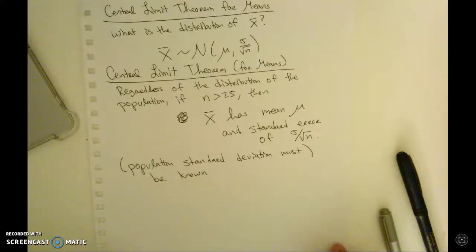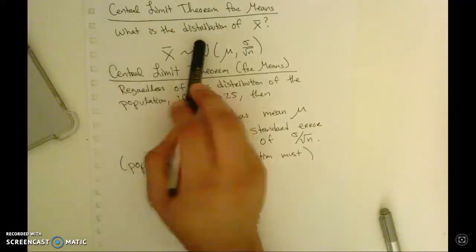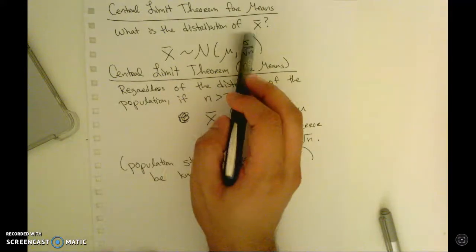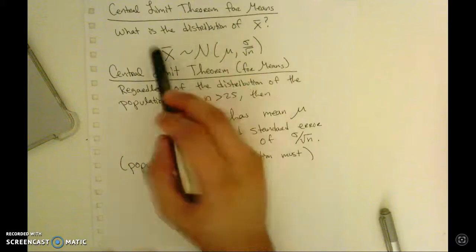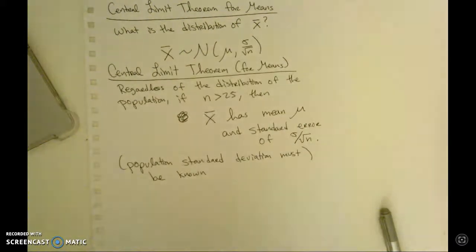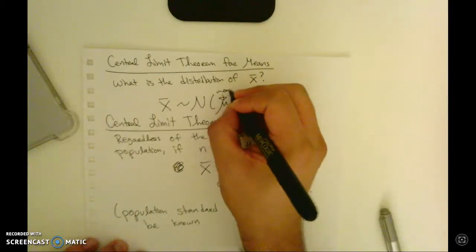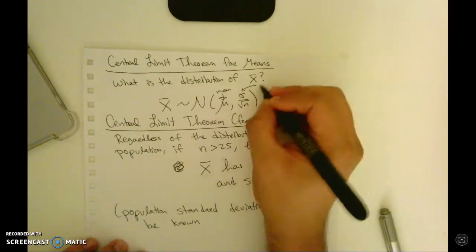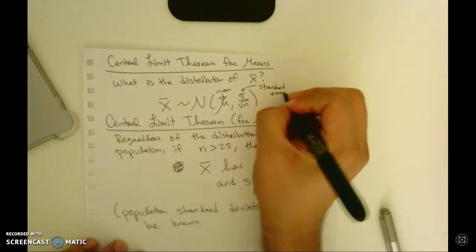So here we have the central limit theorem for means. What is the distribution of x bar? What does it look like? Well, it just means that x bar is normally distributed with a mean of mu and a standard deviation, or standard error, of sigma over square root of n.